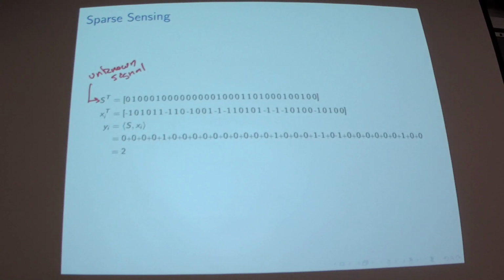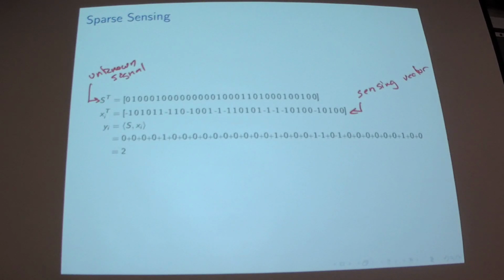Instead of capturing each individual pixel, which would be 32 individual observations, the standard way to do it, I'm going to make combined observations where I randomly mix everything together. This is going to be my sensing vector.